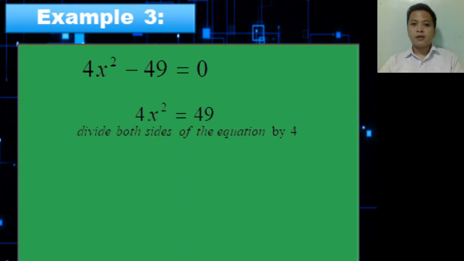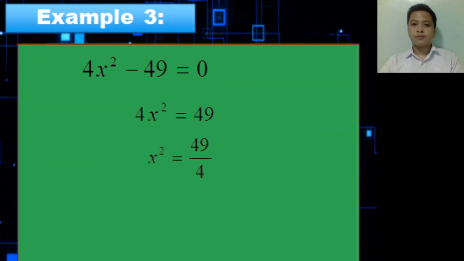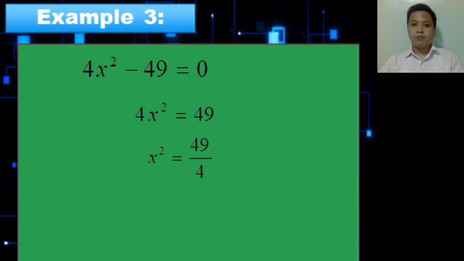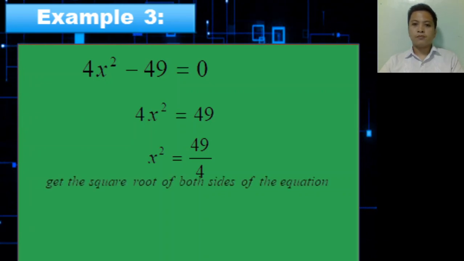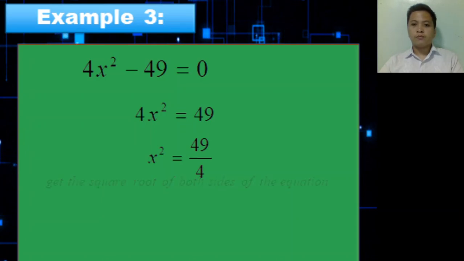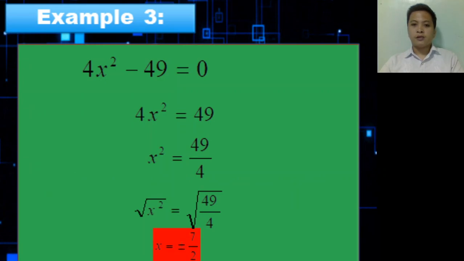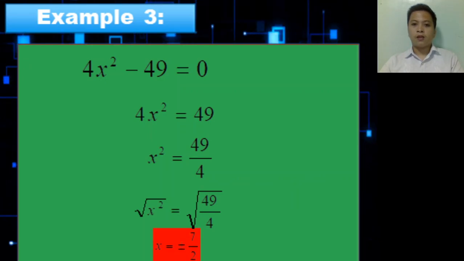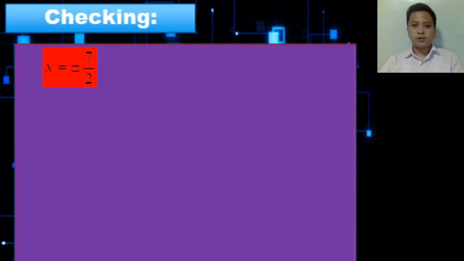We will have x squared is equal to 49 over 4. Get the square root of both sides of the equation. And the answer is x is equal to plus minus 7/2. Let's check if this is correct.